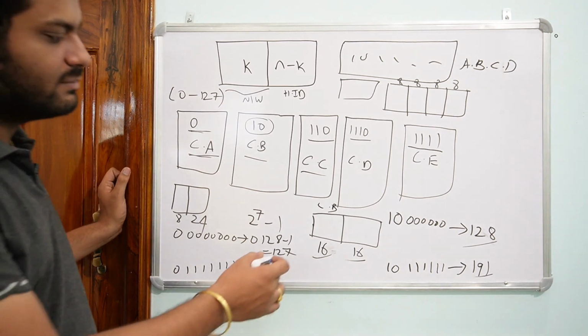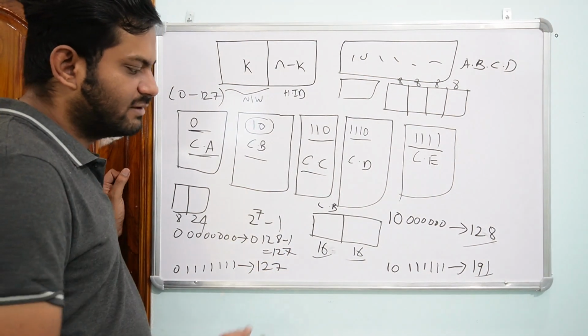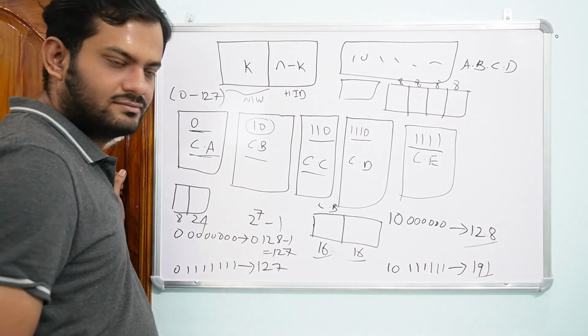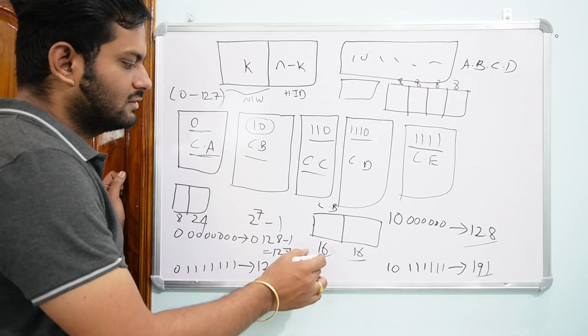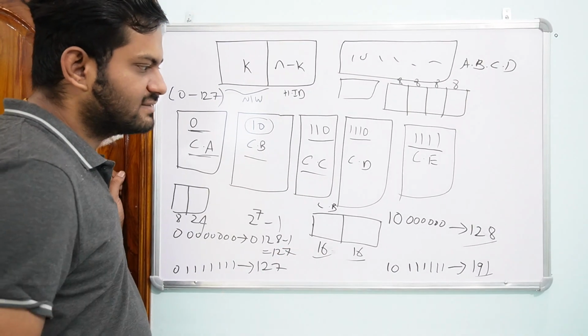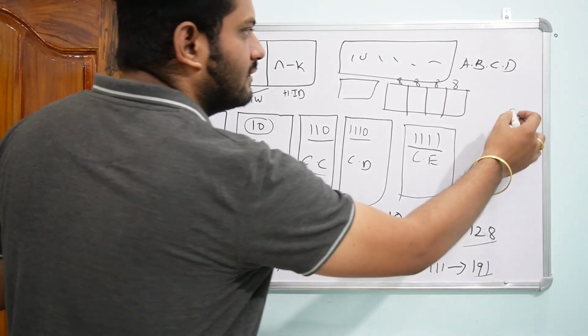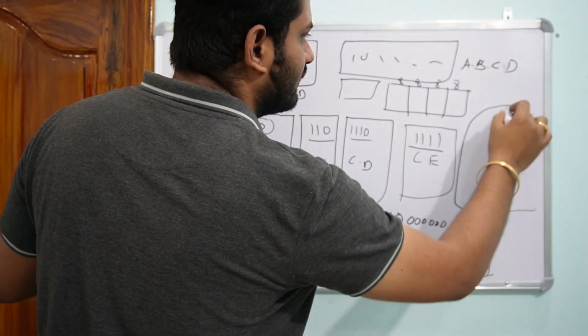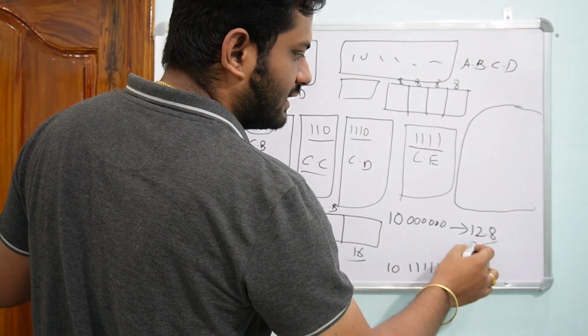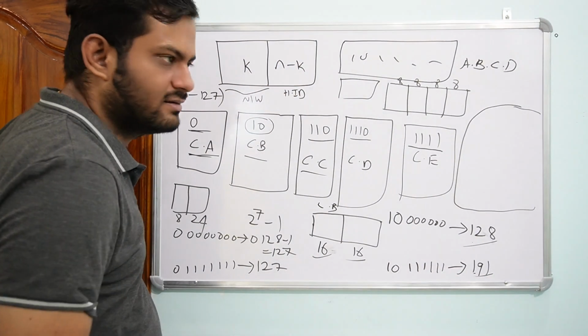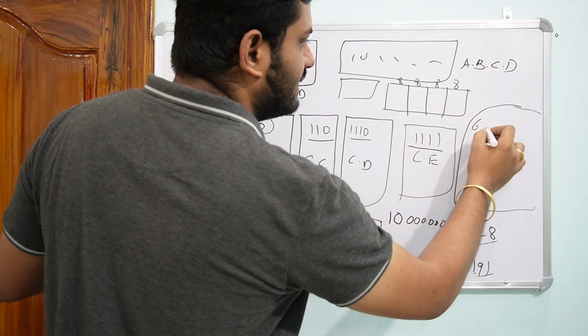So what is the total number of network IDs that can be formed for class B? So for class B, the total number of network IDs are 128 to 191, it is 64.